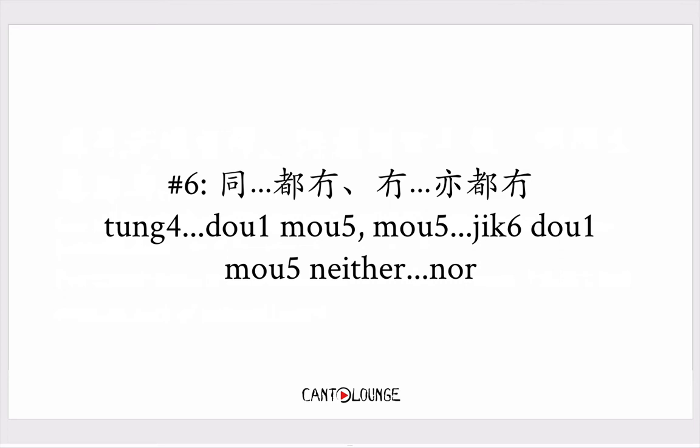So this represents how different the structures are in Cantonese and in English, and how different people come to think of these structures. For example, neither nor is something that you would teach a student learning English, but the Cantonese equivalent is not something that is usually mentioned in class, strangely enough.